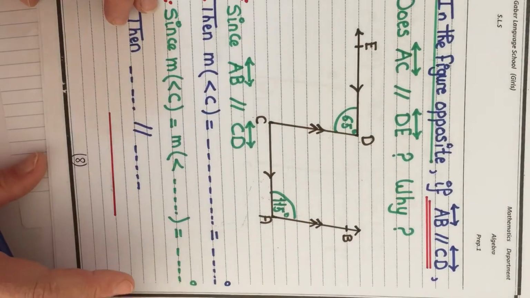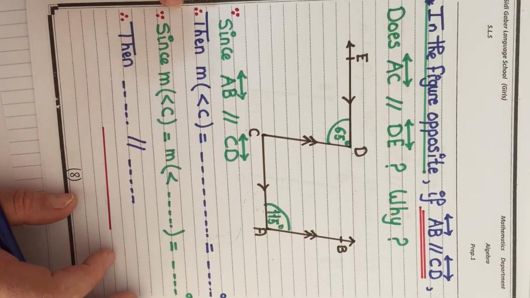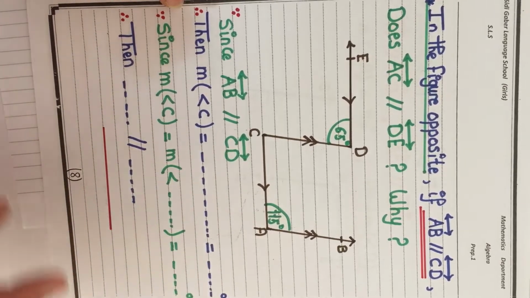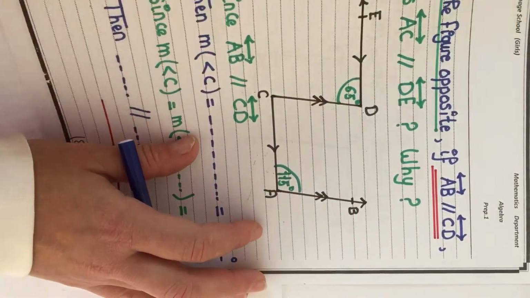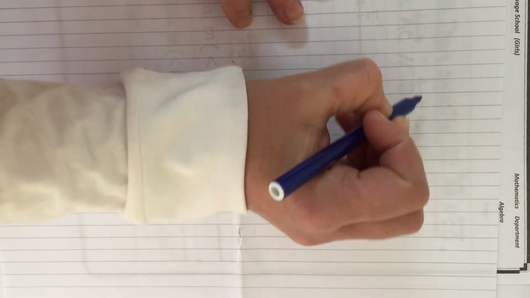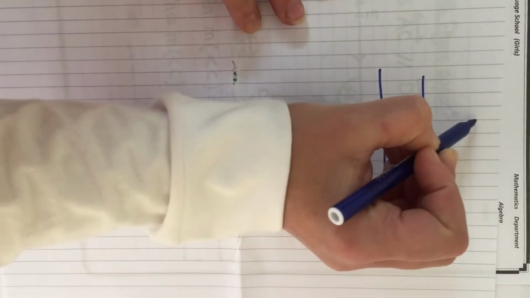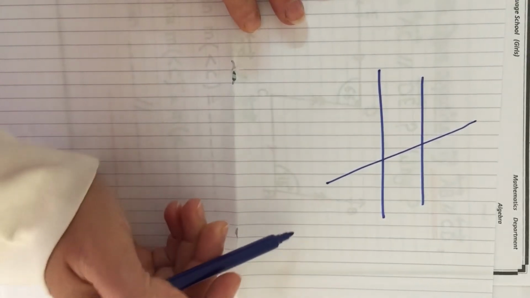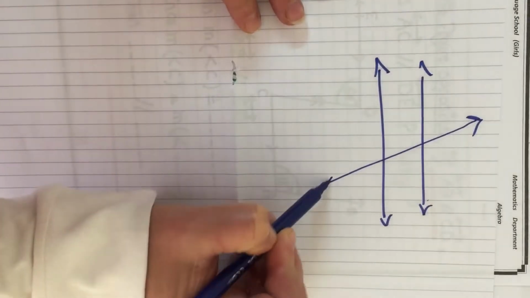Let's take another example. He said here in the figure opposite. But before starting our example, let's make a revision again. What did we say again? Let's remember. Whenever we have two parallel lines, did you see the two parallel lines? And a transversal comes and cuts both of them.